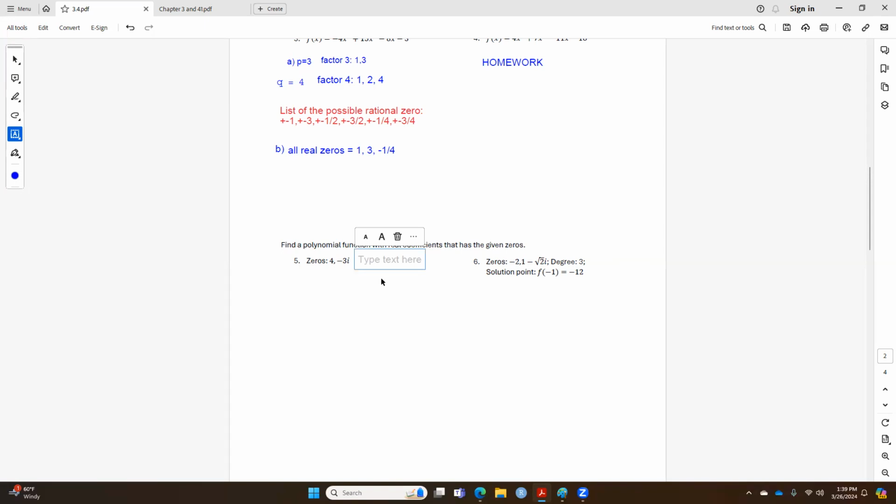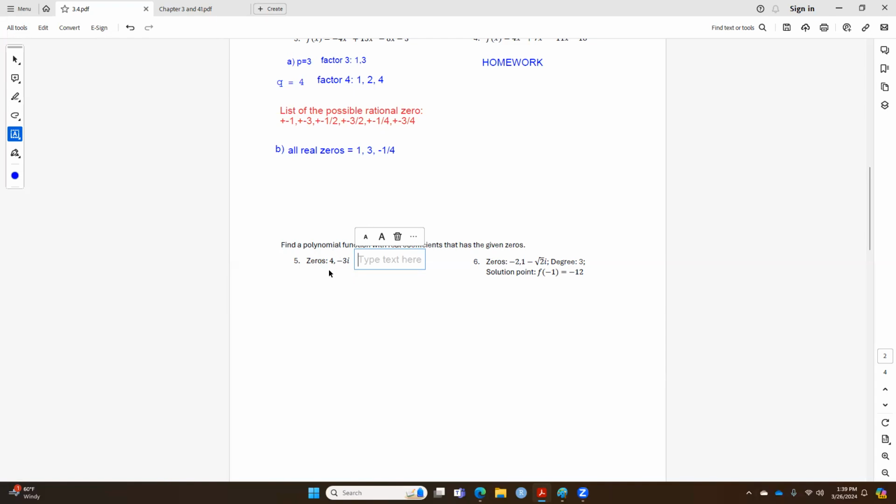That missing zero, anyone want to guess? Can someone tell me what is the conjugate of negative 3i? Nope. Again, your conjugate zeros cannot take this because it only works for i, complex, and square root.